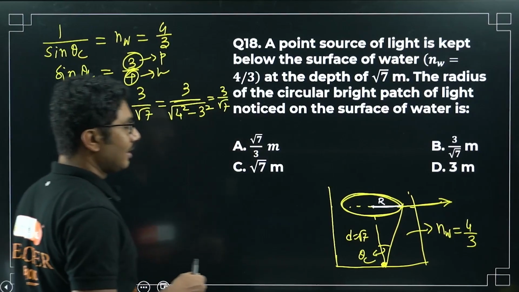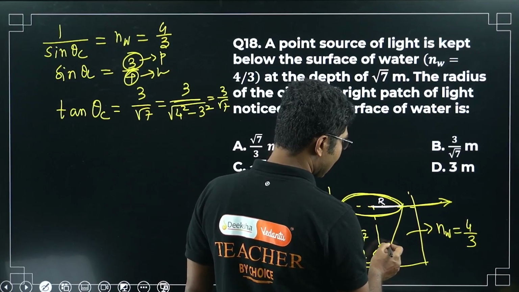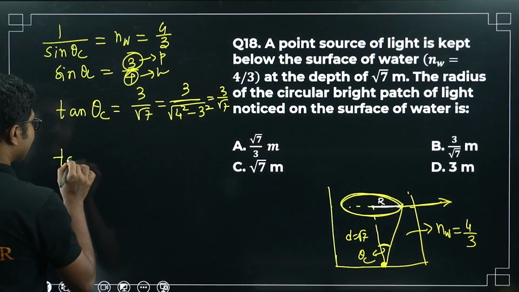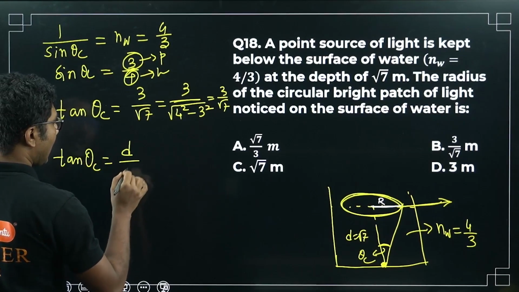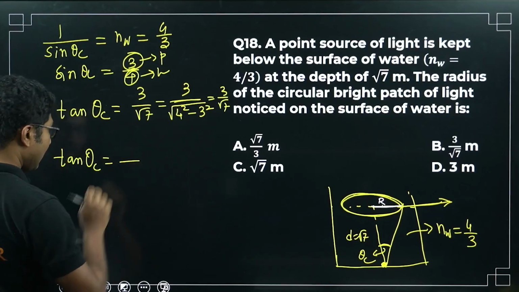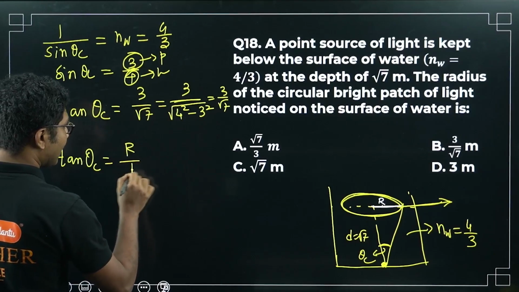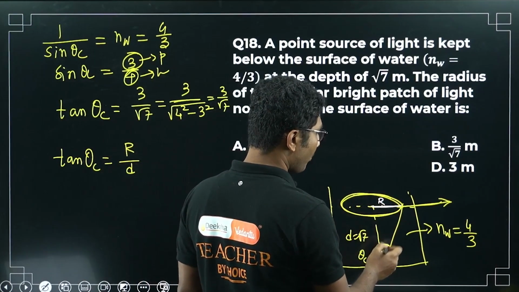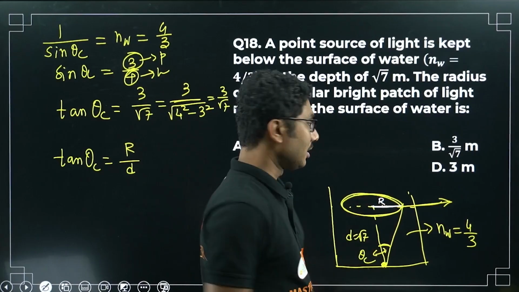Now let's find the value. So this is R, this is D, and this angle is theta C. So you can say that tan theta C is equal to perpendicular by base, right? Perpendicular in this case is R and base is D. The side opposite the angle is the perpendicular and the adjacent side is the base.